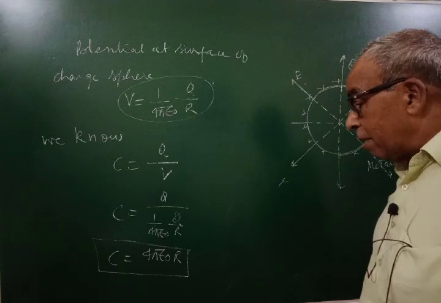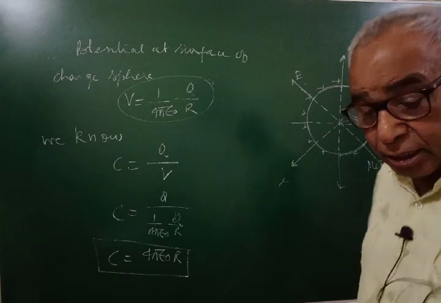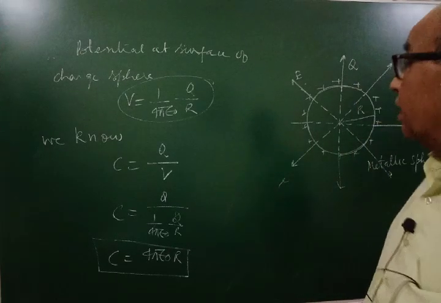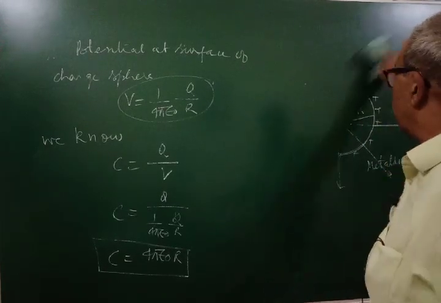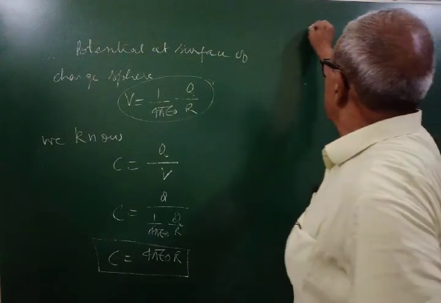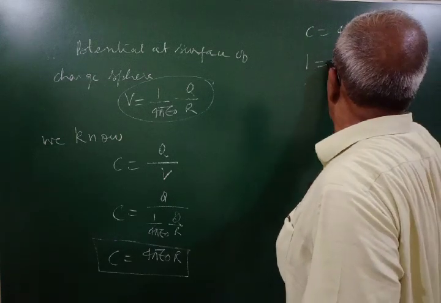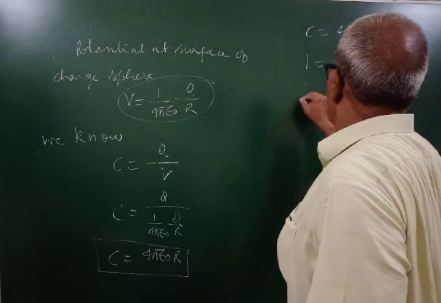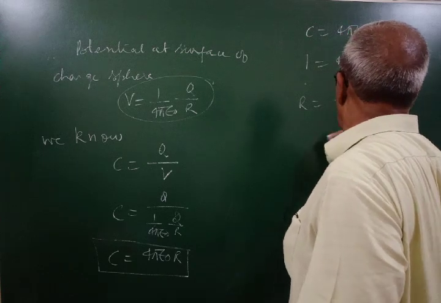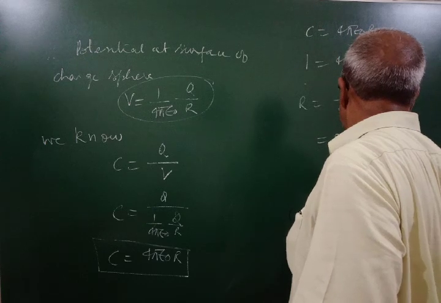Now try a question here: what is the radius of a spherical conductor whose capacitance is 1 farad? Calculate the radius of the sphere whose capacitance is 1 farad. C equals 4 pi epsilon 0 R, so 1 equals 4 pi epsilon 0 R. So R is equal to 1 upon 4 pi epsilon 0, and you know it is 9 into 10 to the power 9 meter.